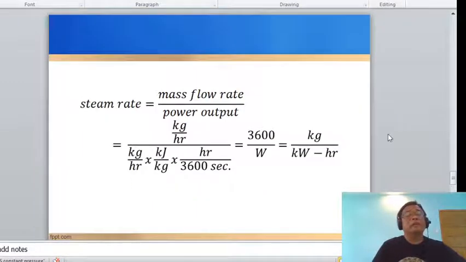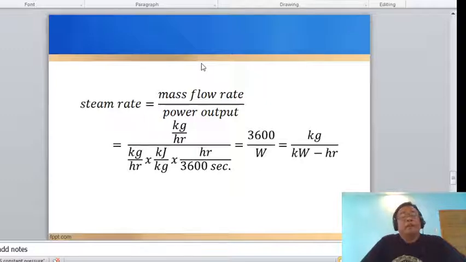So for steam rate, class, from the basic definition, it is mass flow rate divided by power output. Substituting the units, class, in order to analyze it simply, mass flow rate is in kilogram per hour. Power output equals kilogram per hour multiplied by the change in enthalpy in kilojoules per kilogram.